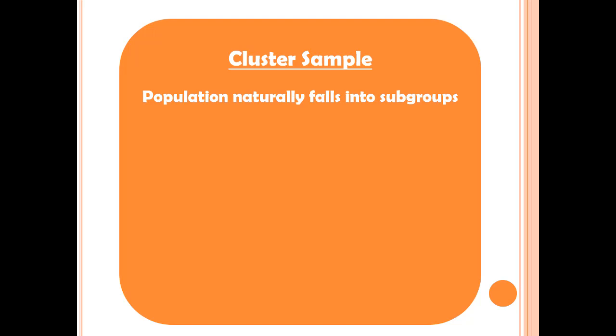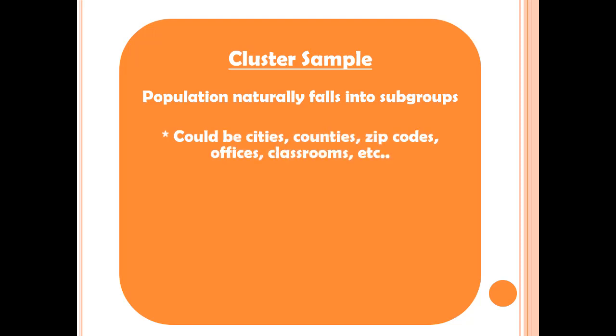How does that work? Well, it could be cities, counties, zip codes, offices, classrooms that we use to form our sample. So for instance, every couple semesters we'll have to give a survey on campus. And they'll choose a certain number of classrooms and say, okay, in this classroom at this time, we want to survey all the individuals in that room.